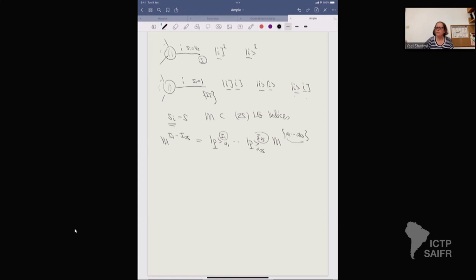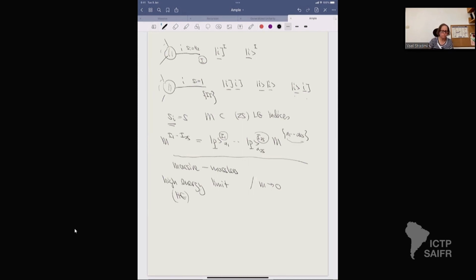Another reason why it's very handy is that it gives you a very nice relation between massive amplitudes and massless amplitudes. In other words, when you start from one of these massive amplitudes, it's very easy to take the high energy limit, which I'm going to abbreviate sometimes by HE, which is the same as sending the mass to 0, keeping the energy finite.